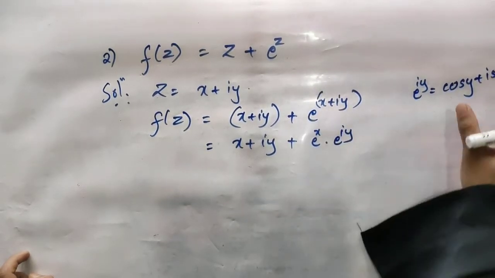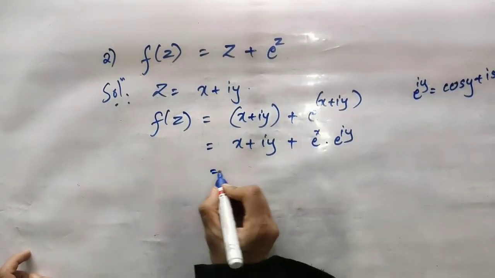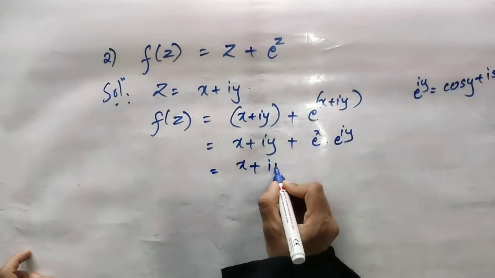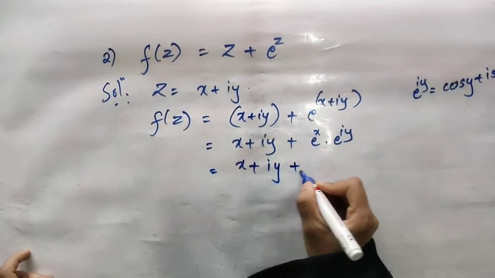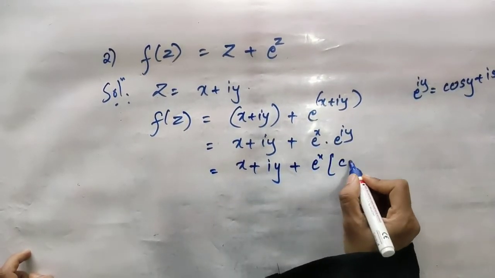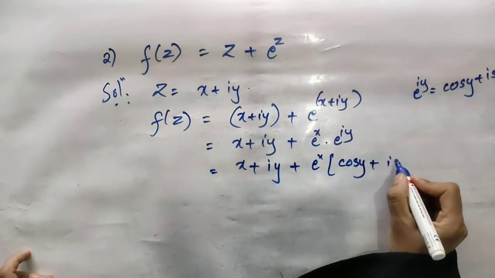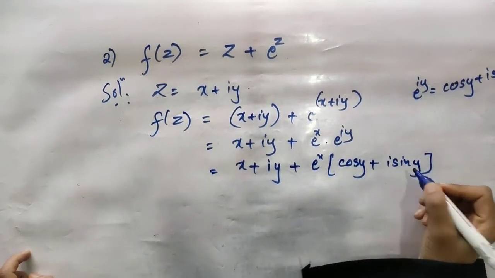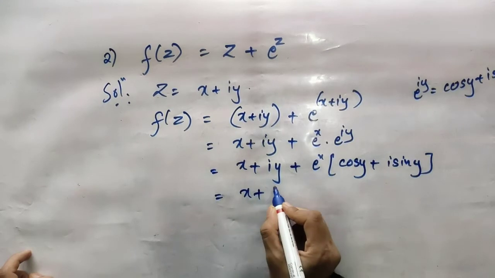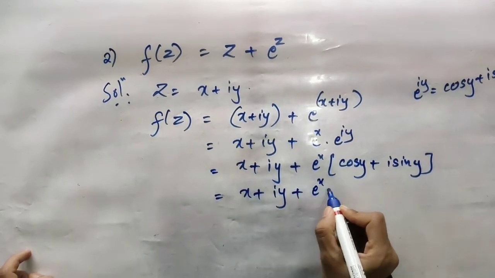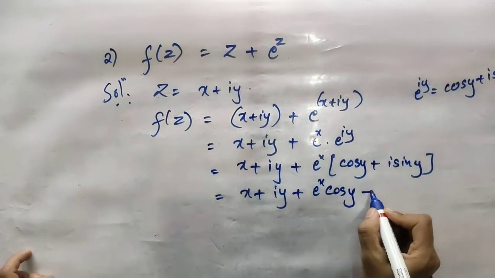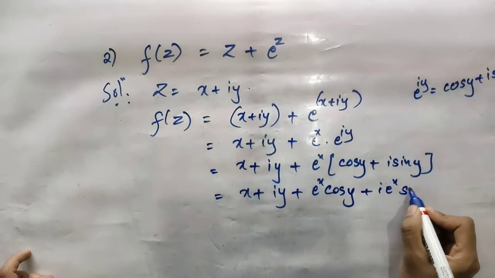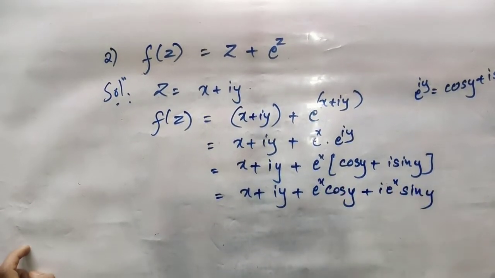So I will substitute this. We get x plus iy plus e to power x cos y plus i into e to power x sin y. I am just taking e to power x inside.